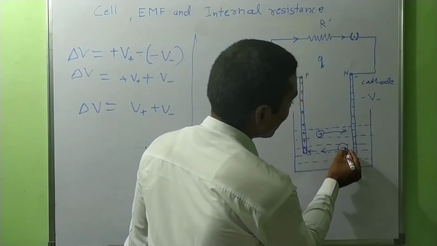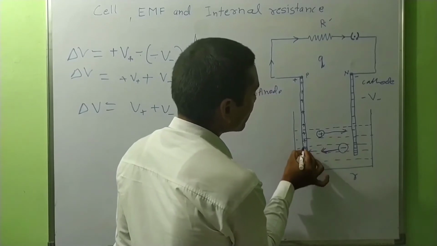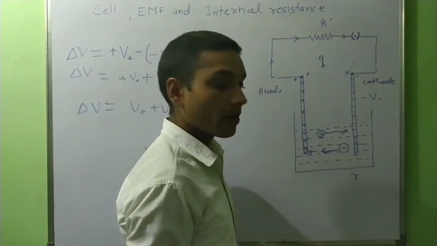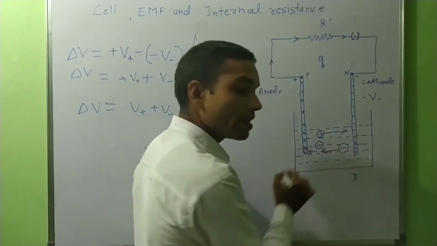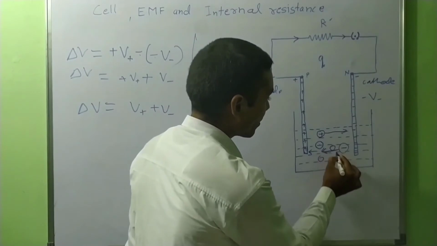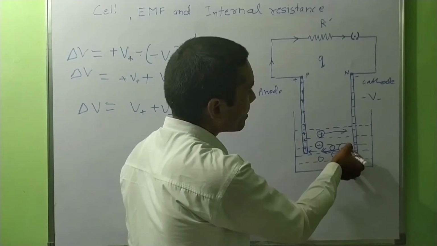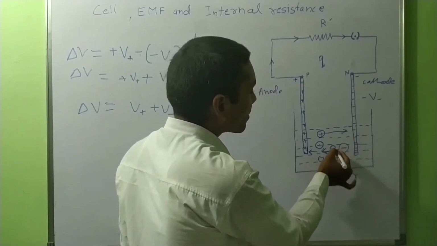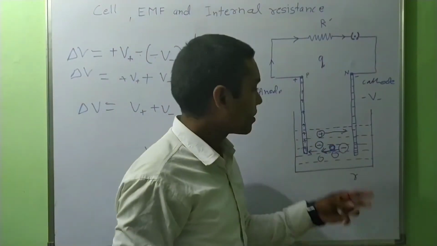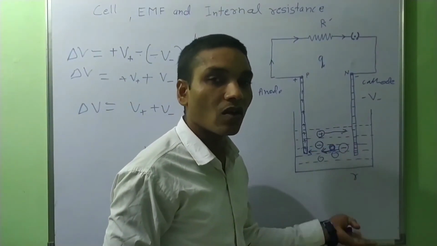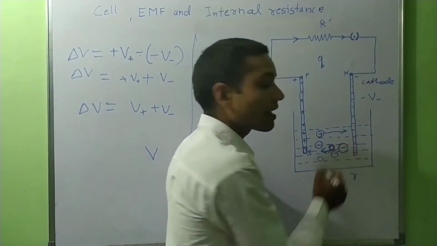When a cation moves towards the negative electrode, other ions, positive or negative, may be in the path of this cation.